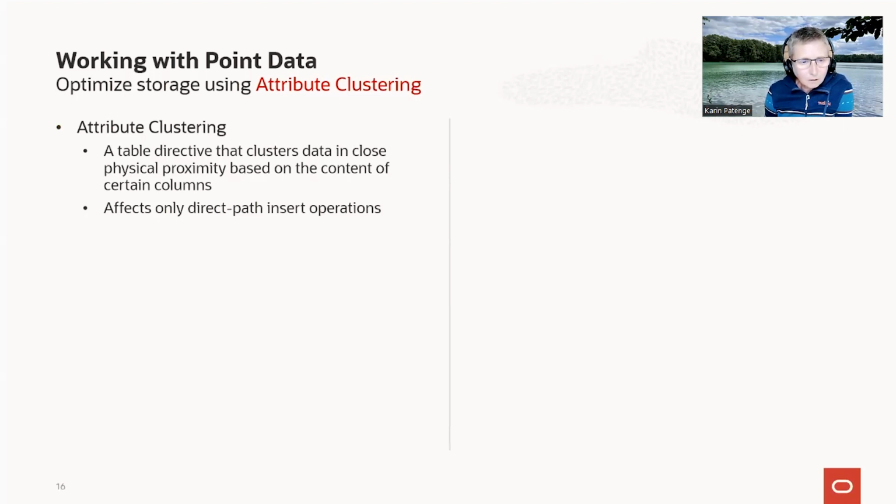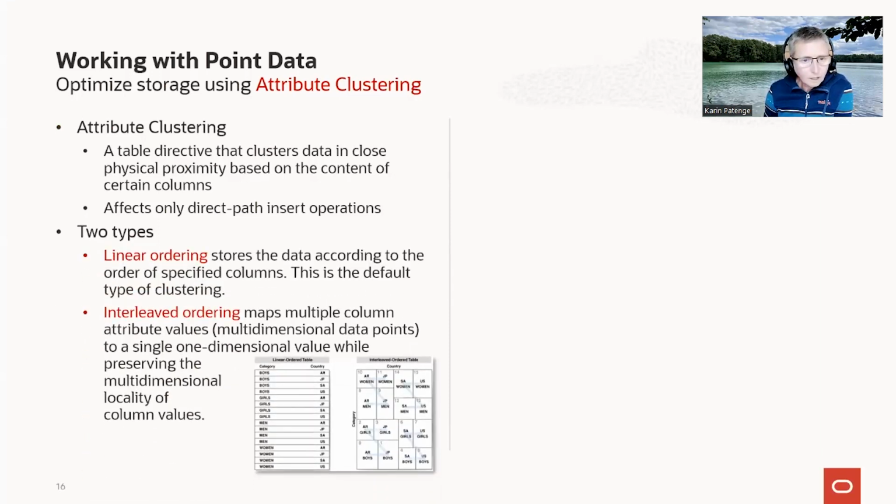You should make sure that for loading the data into that table, you use only direct path insert operations. And there are 2 types of attribute clustering. The default one is linear ordering, which takes the columns defined and clusters the data in the defined order.